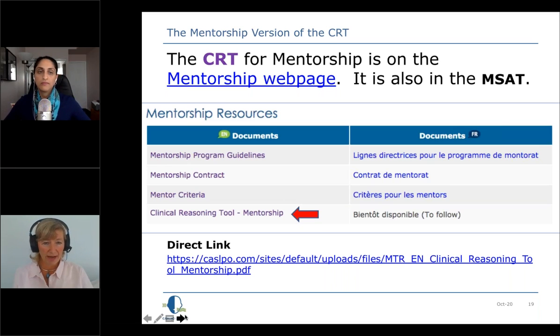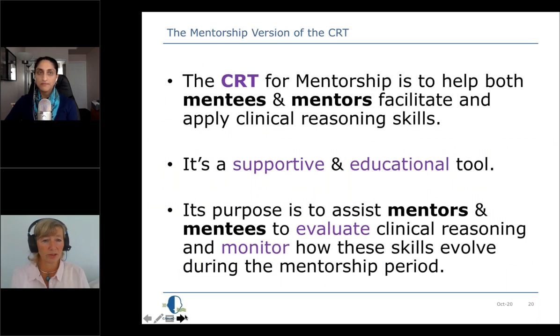So you can see here the red arrow, the 4th area where you can click Clinical Reasoning Tool Mentorship, as well as a direct link into that tool. So these are all available for you as needed. The clinical reasoning tool for mentorship is to help both mentees and mentors facilitate and apply clinical reasoning skills.